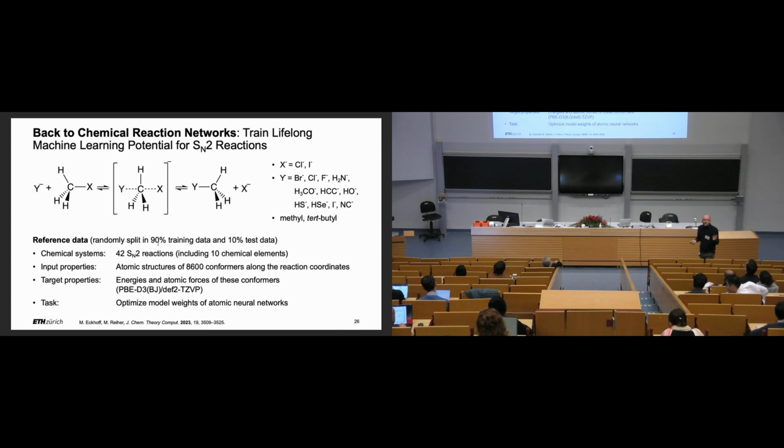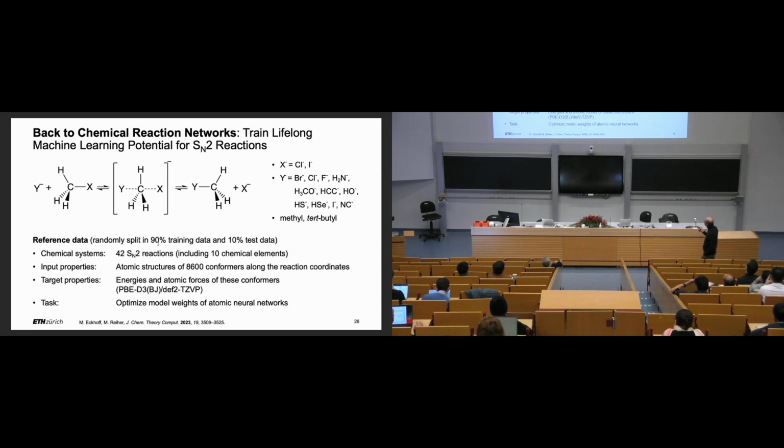Now, let's see what we get with these optimizers when we look at an example from exploration. This is a classical example, of course. It's an SN2 reaction. This is a generic reaction. Here you see the different components, and we created reference data for this reaction. 90% of the data was the training data, the remaining 10% was the test data.